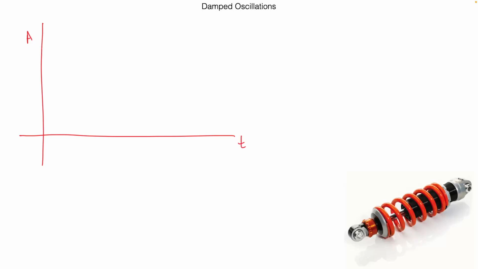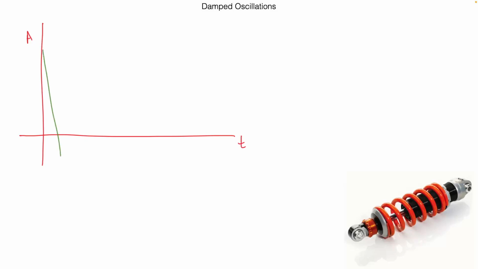What I described are those two extremes, where you have a lot of dampening and a little bit. We're not going to talk really about the too-much version; I'm going to draw it and then erase it.